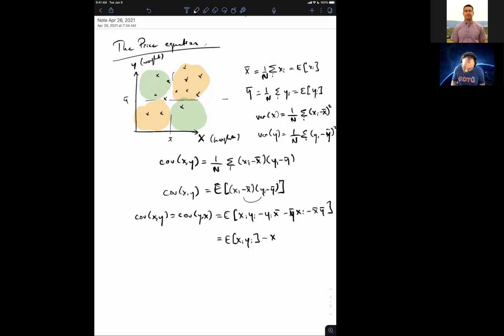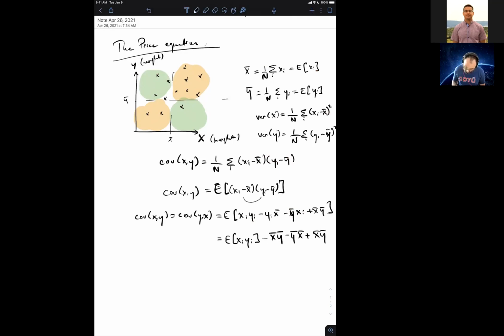So you have x bar minus y bar, and then the same thing here for the y bar xi term, you get y bar x bar, and then the same thing for the last term, which has a positive sign in front of it, in fact, which is also x bar y bar.